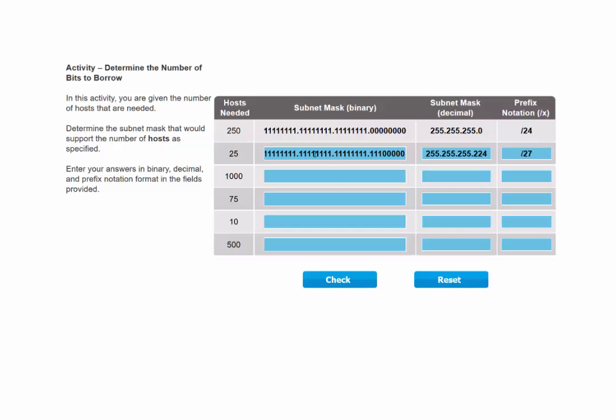Okay, so 1000 will require 10 bits to have 1024. So this will require that we borrow all the 8 bits here and 2 others from the third byte.